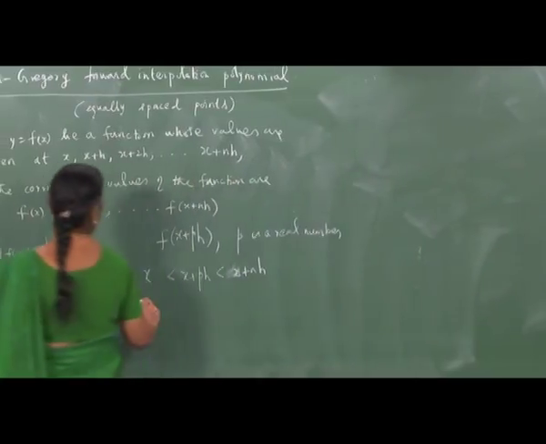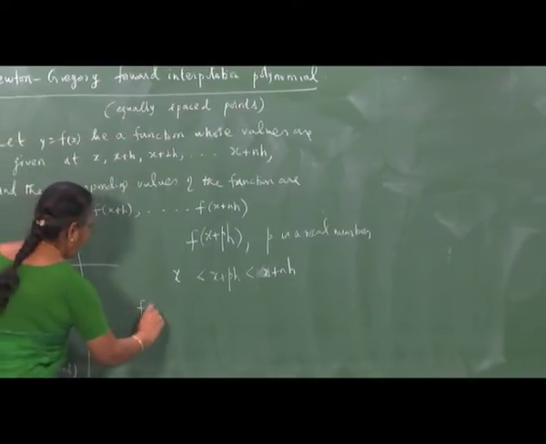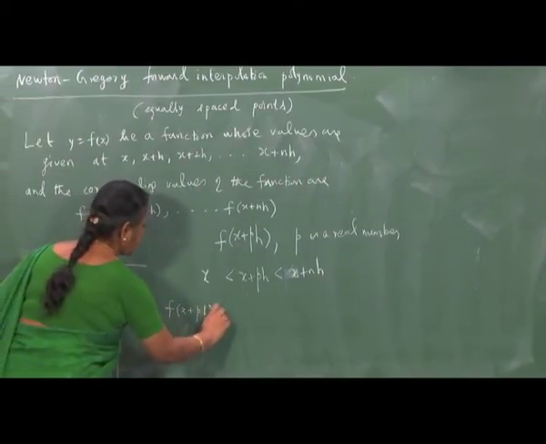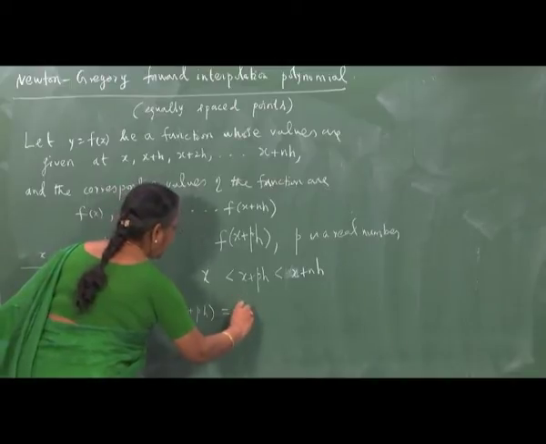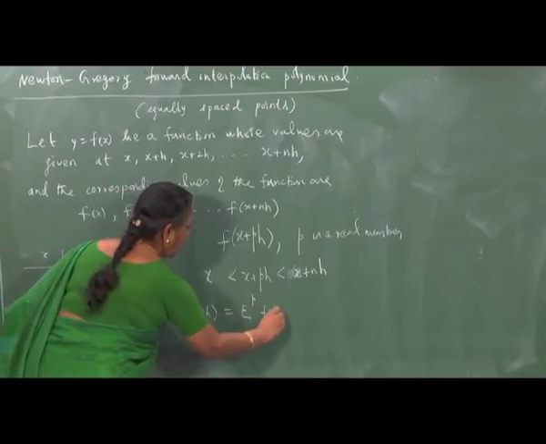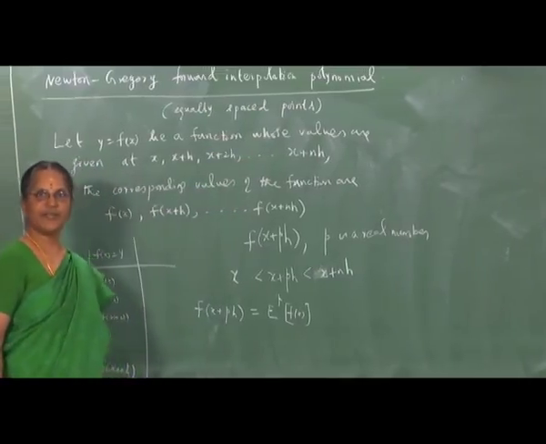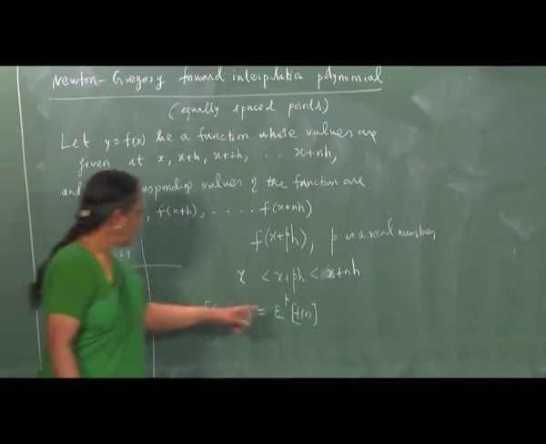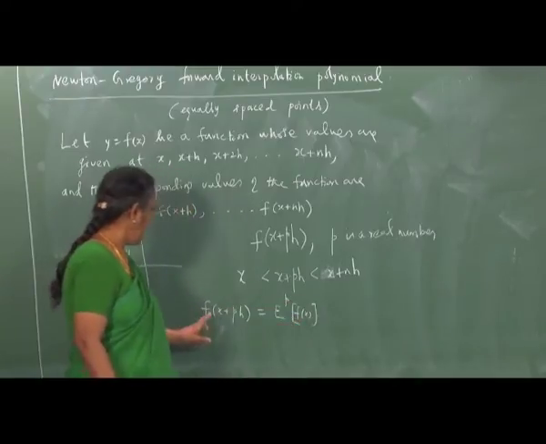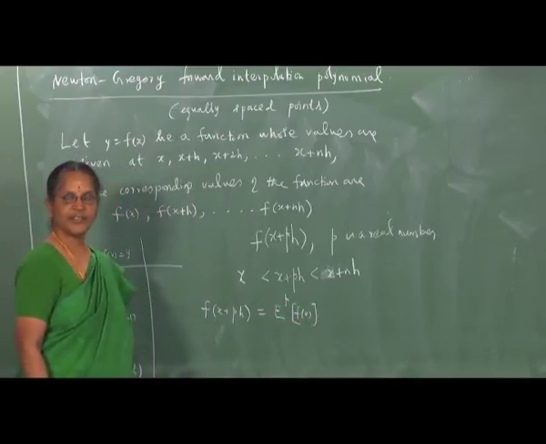So, I can write down f of x plus ph as E to the power of p on f of x. That is the property of the shift operator which we have seen. E to the p on f of x gives you f of x plus ph.